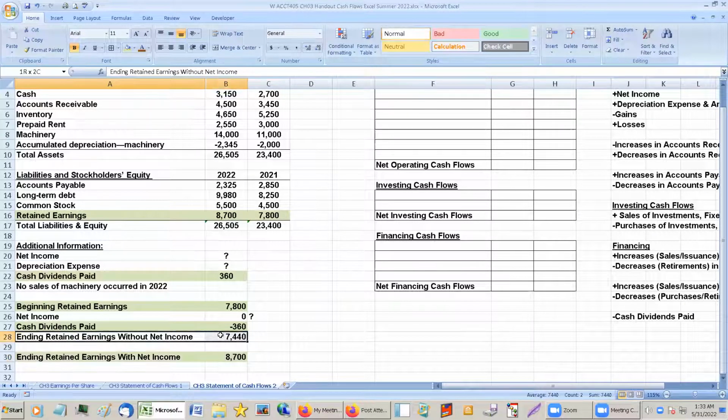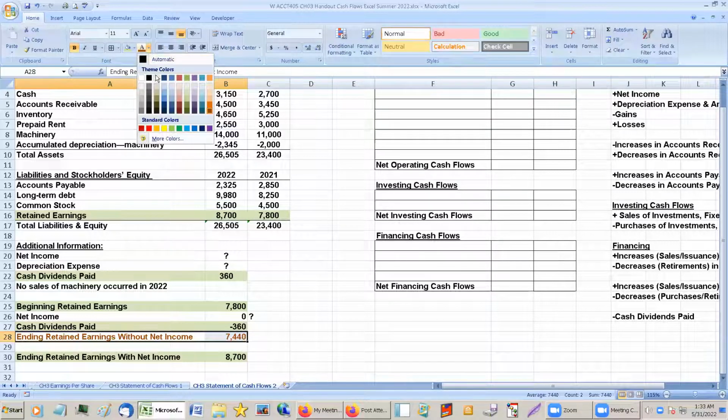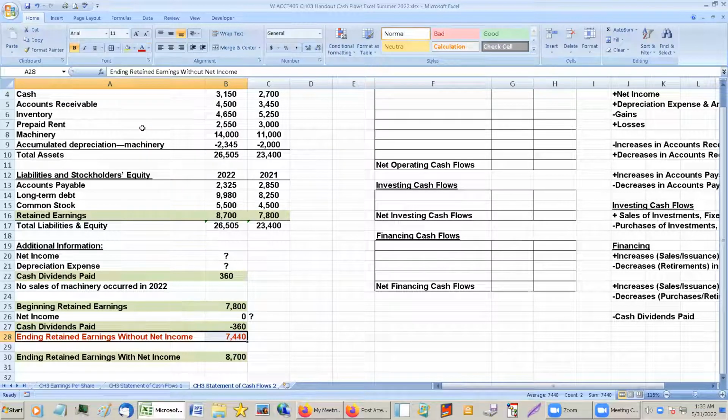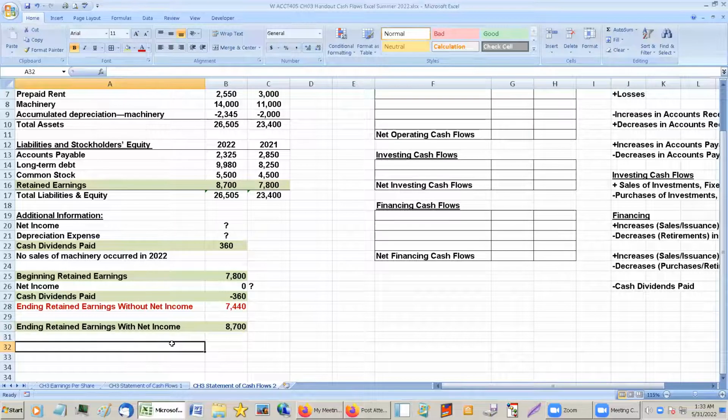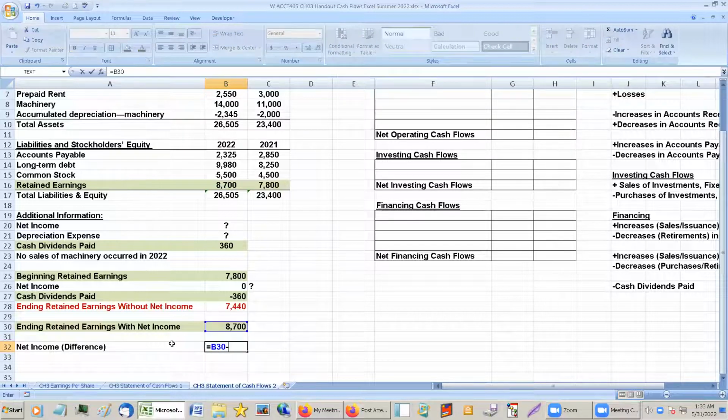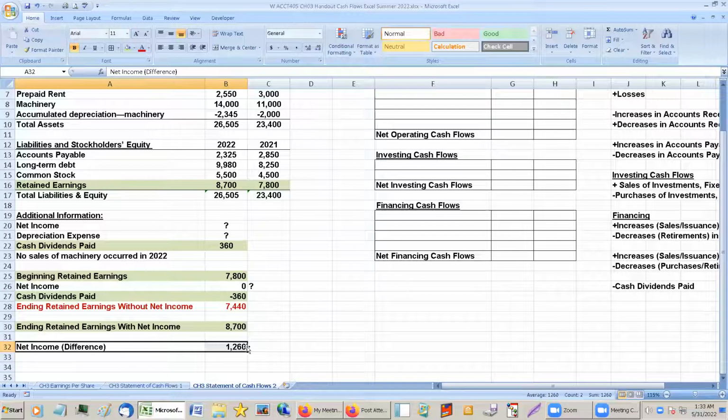Now, I know that this one's wrong. I know this one's wrong. It's off by the net income. So if we take the difference between those two, I'm going to take 8,700 minus. So this must be our net income.